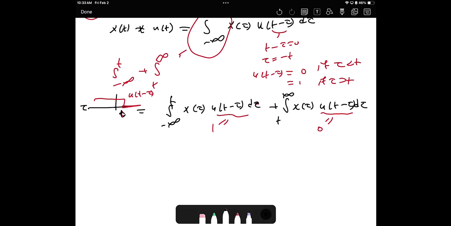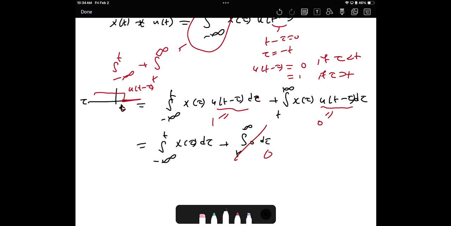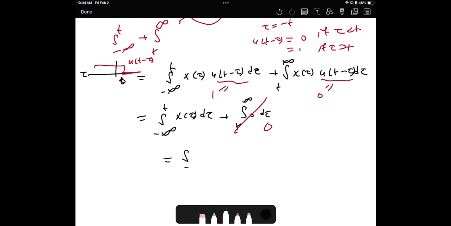Then, when we do the convolution, this yields the integral from negative infinity to t of x of tau times 1, d tau, plus the integral from t to infinity of 0, d tau, which is 0. So we end up with only the integral from negative infinity to t of x of tau, d tau. And this is the convolution of x of t with u of t.